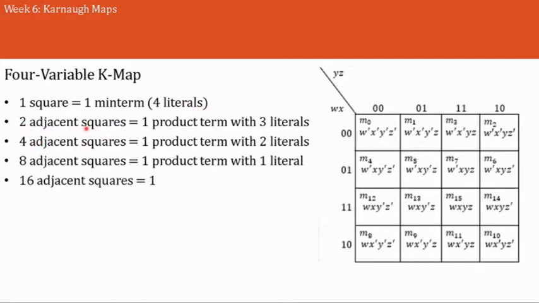For example, if we have 2 adjacent squares, the result will have 3 literals. If we have 4 adjacent squares, the result will have 2 literals. If we have 8 adjacent squares, there will be 1 literal. And if we have 16 adjacent squares, that is equal to 1.